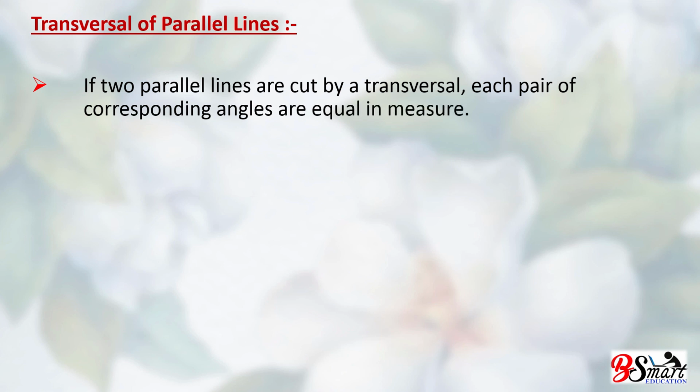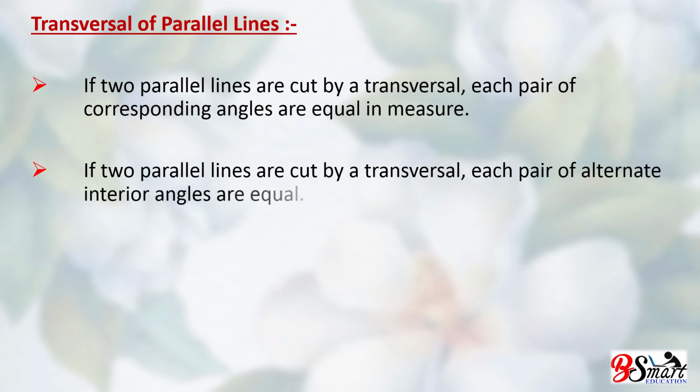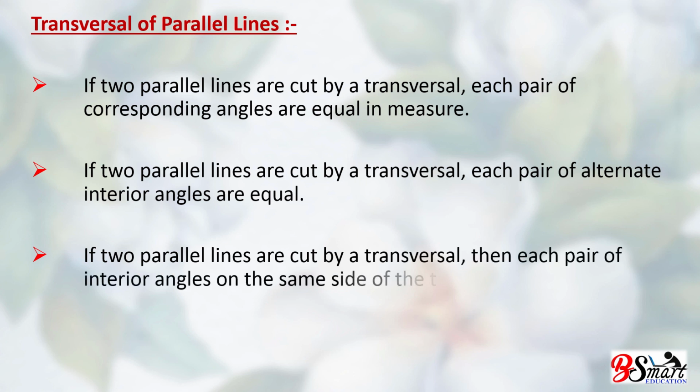Second point, if two parallel lines are cut by a transversal, each pair of alternate interior angles are equal. And third point, if two parallel lines are cut by a transversal, then each pair of interior angles on the same side of the transversal are supplementary.